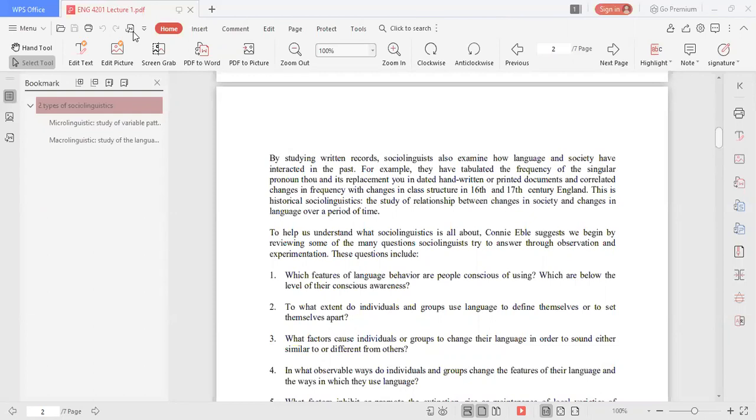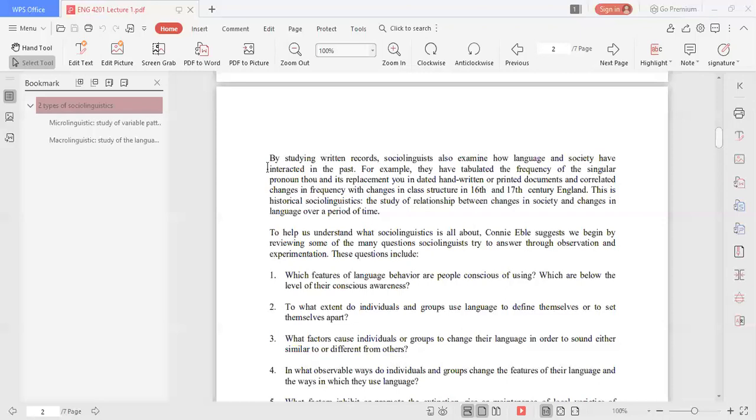Yes. Which features of language behavior are people conscious of using, and which are below the level of their conscious awareness? That means there is certain language behavior that, as language users, we are aware of, or very conscious of.